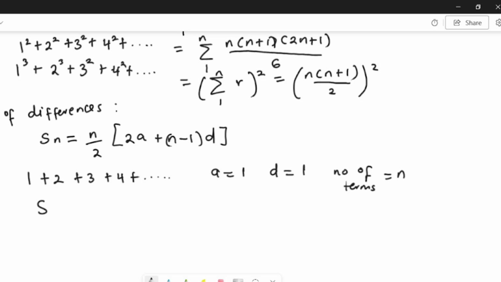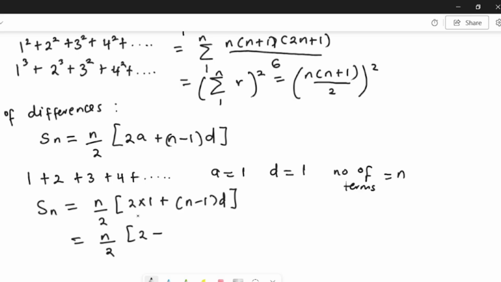So we're saying that the sum of numbers in that AP is equal to n over 2 into 2 times 1 plus n minus 1 d. But d is 1. Now this becomes n over 2 into 2 plus n minus 1.